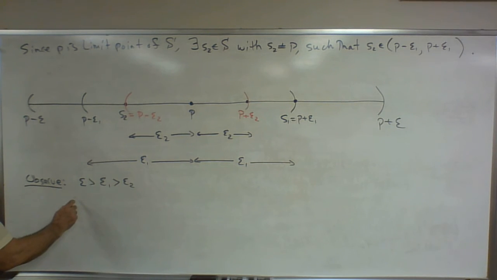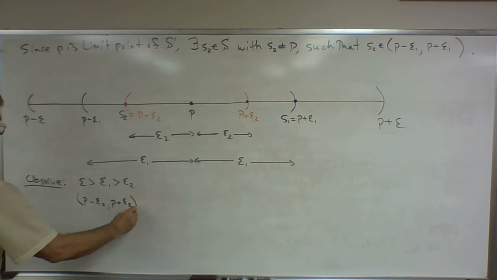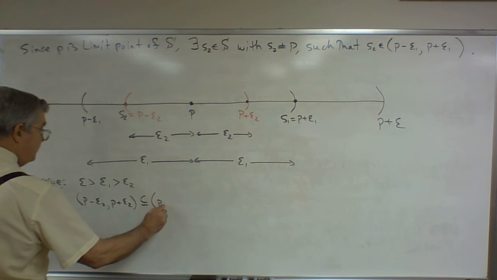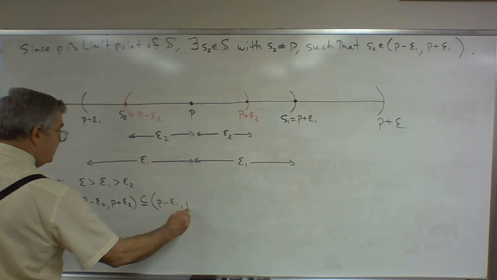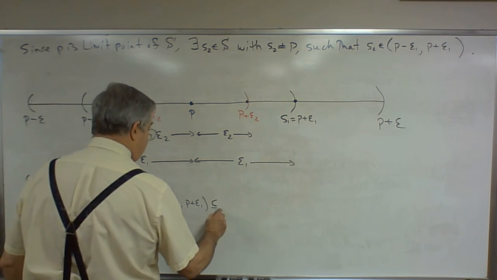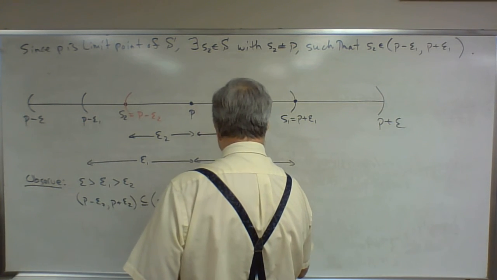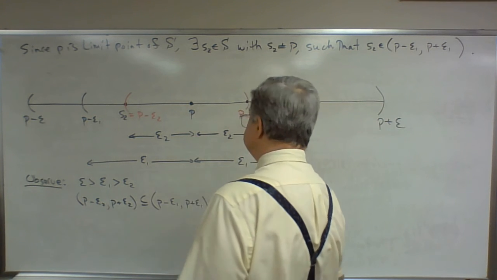And the interval P minus epsilon sub 2, P plus epsilon sub 2, is contained in the interval P minus epsilon sub 1, P plus epsilon sub 1, and that's contained in the original interval P minus epsilon, P plus epsilon.